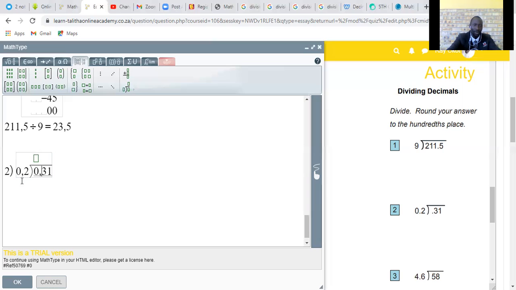If we move it from in front of 2 to the back of 2, we will also do the same for the second one, meaning the decimal point will move away from this position to a new position. This is what we are going to be having. We will now be having 0, 2 or simply 2. We can write it as 2.